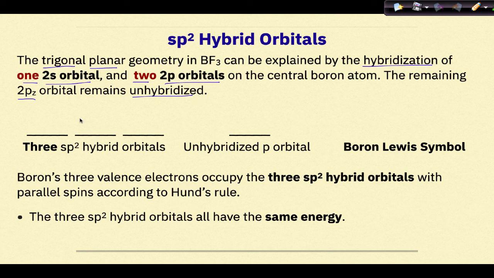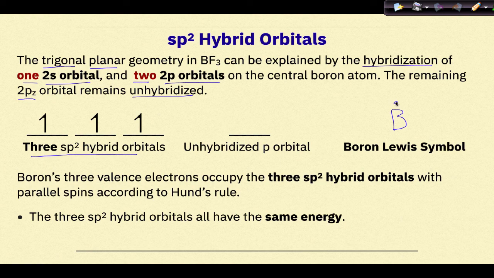So if we mix the 1 2s orbital and 2 2p orbitals, we get 3 sp2 hybrid orbitals, so 1 electron in each. And then we have 1 unhybridized p orbital that's just left alone. When we draw the boron Lewis symbol here, we still have our B, but now we have 3 electrons in 3 different orbitals.